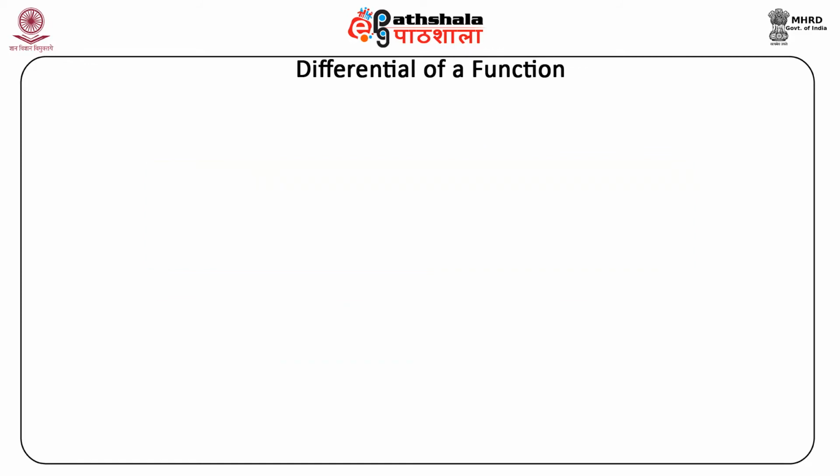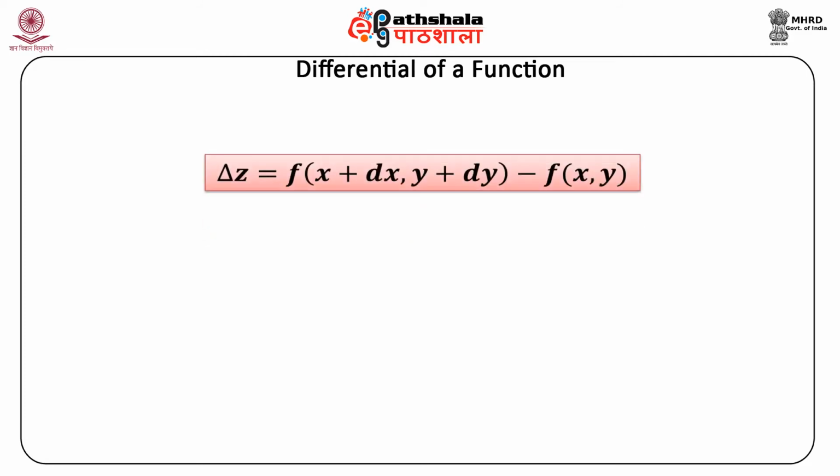When x and y change by a small amount, say dx and dy respectively, the actual change in the value of the function is given by delta z is equal to f of x plus dx comma y plus dy minus f of x comma y.